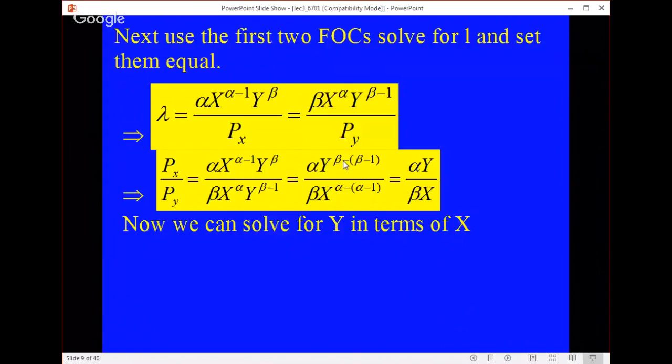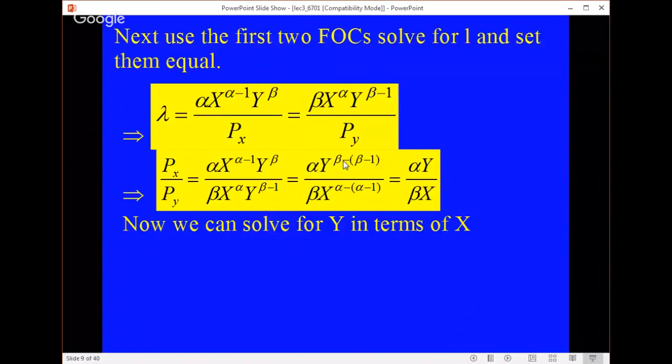Now I have beta minus beta, those betas cancel, and I get y to the negative 1 minus negative 1. Thank you. That means I just get y.